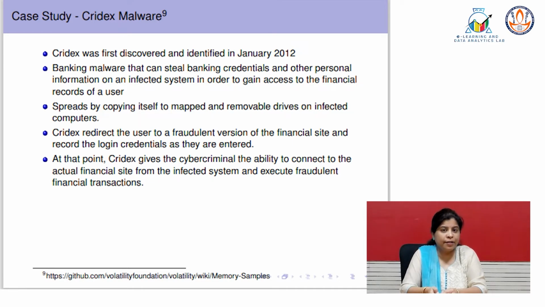At that point, very quickly, Cridex gives the cyber criminal the ability to connect to the actual financial site from the infected computer system, and it executes fraudulent financial transactions.